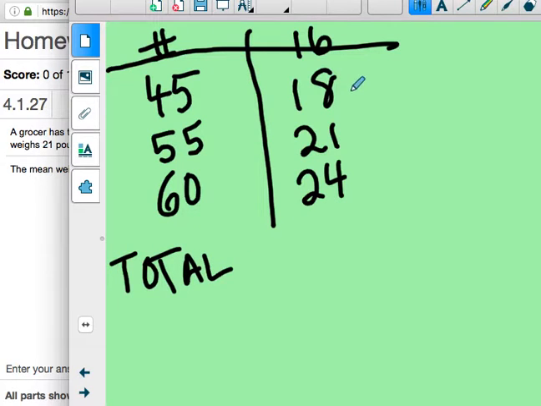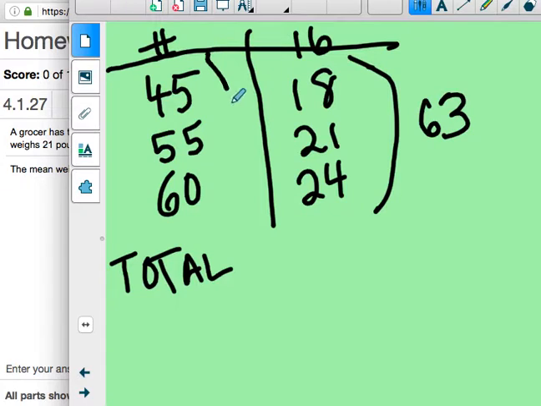If you add these three together, you've got 18, 21, and 24. Let me add those up real quick on my calculator. I get 18 plus 21. So the total here is 63.